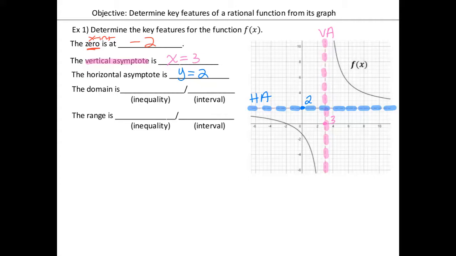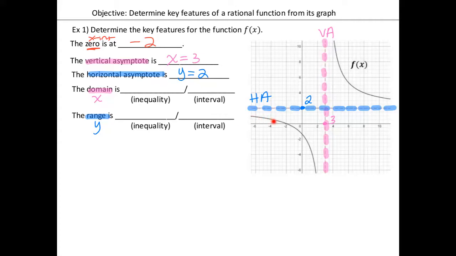And then we have the domain and the range. If you recall, domain are the x values, and the range are the y values. So if I look at my x-axis, when is this graph defined?